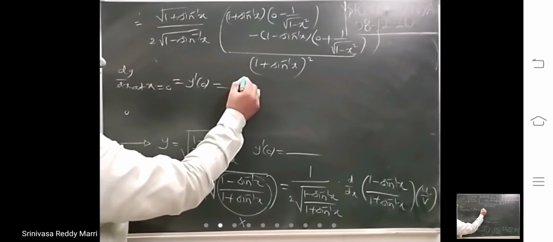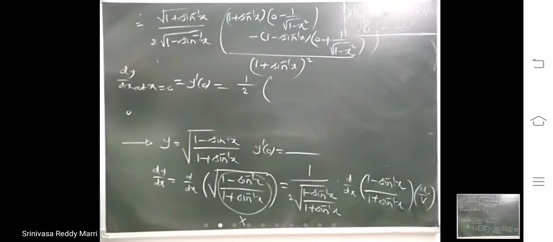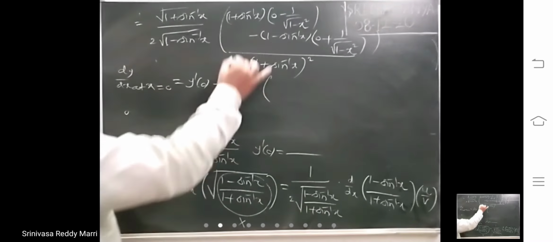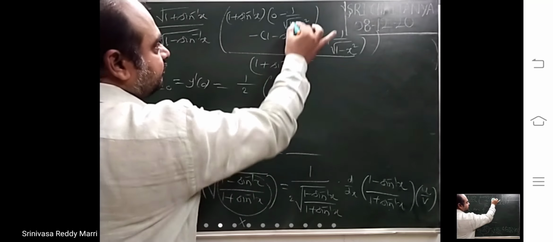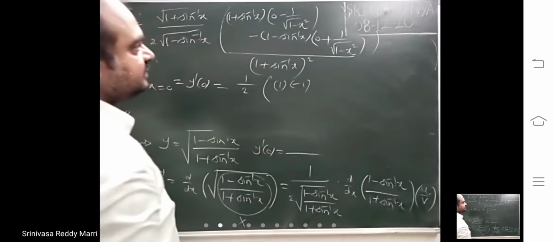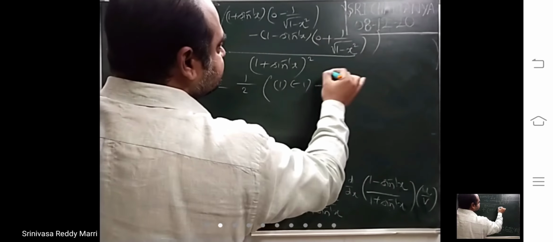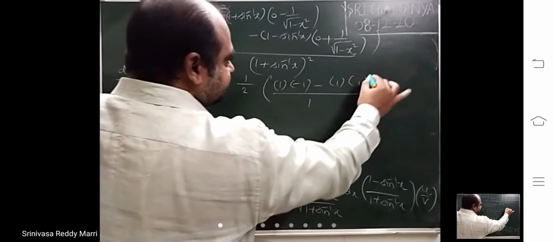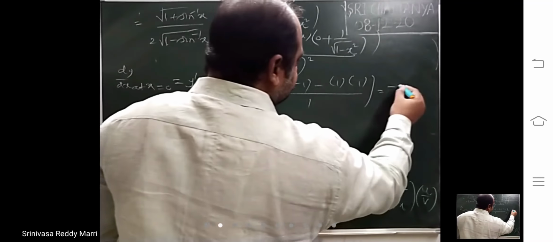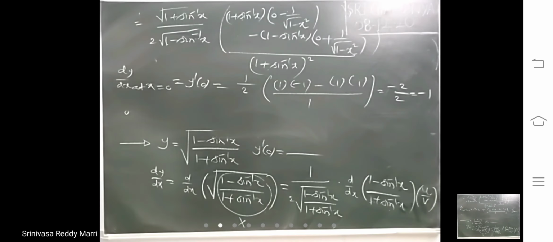So this will become 1 divided by 2 into 1 minus 0, into the bracket with 1 into minus 1 by 1 minus 0, minus 1 into 1, divided by 1 plus 0 whole square, that is 1. That means you will get minus 2 divided by 2, that is minus 1. That is the answer.